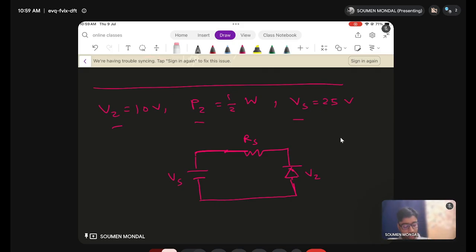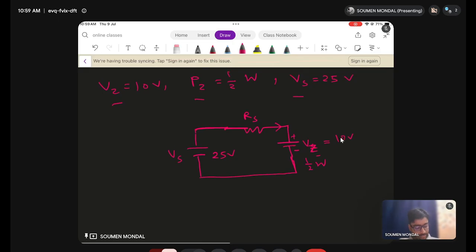Our breakdown occurs, so we can replace the Zener with a battery, Vz, which is 10 volt. This is 25 volt. Also its power is half watt.